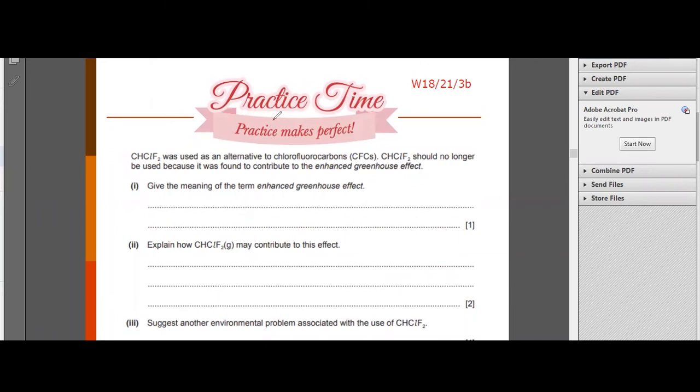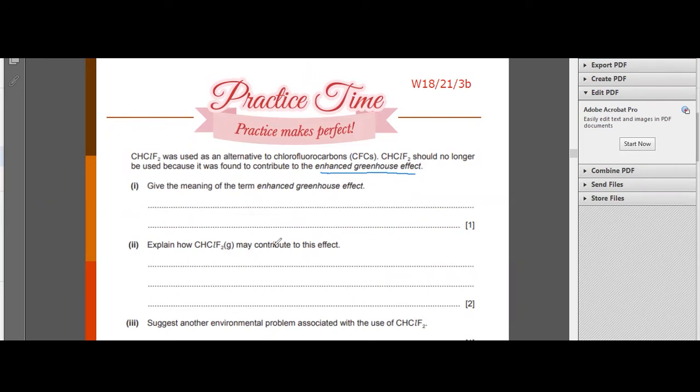CHClF2 was used as an alternative to CFCs. CHClF2 should no longer be used because it was found to contribute to the enhanced greenhouse effect. Okay, we just learned about ozone, and we have not discussed the greenhouse, but I think we already discussed the greenhouse effect in chapter 15, right?